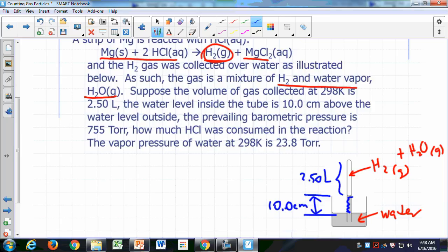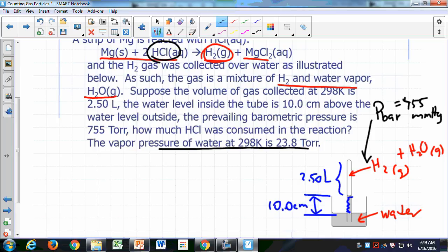And the prevailing barometric pressure from the outside air is 755 torr, so 755 millimeters of mercury. Question: based on this information, how much HCl was consumed in the reaction? You're given that the vapor pressure of water at room temperature, the temperature at which this experiment was done, was 23.8 torr.